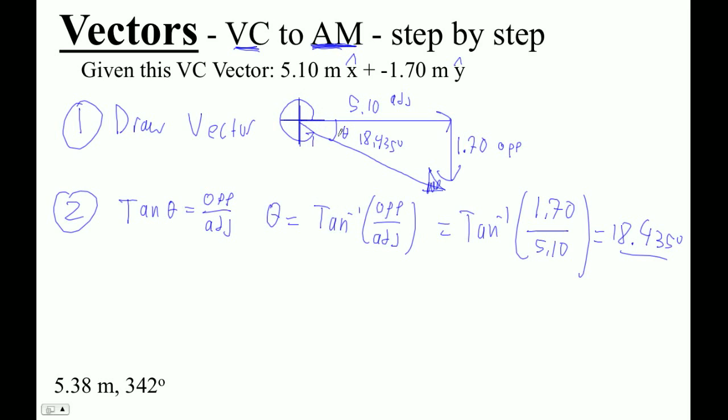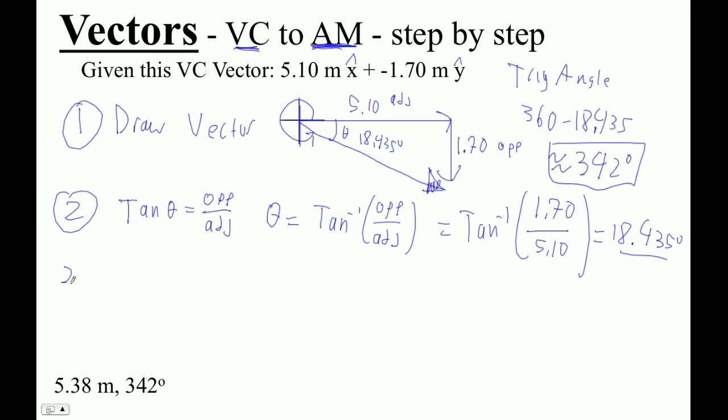So it's actually 18.435 degrees short of 360, which would be all the way around, right? So the trig angle, which is what's on the worksheet, right, is 360 minus 18.435, right? So if I subtract that, I get 341.56. So about 342 degrees would be my trig angle.